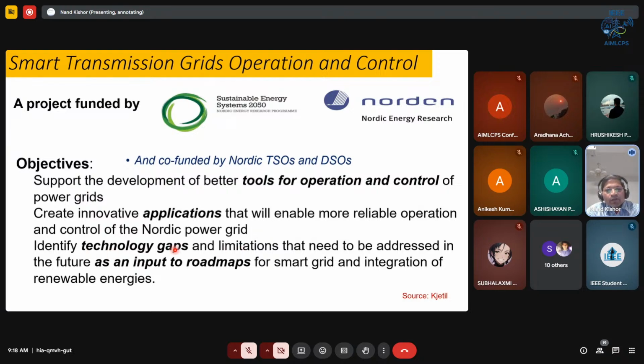It also aimed to identify technological gaps and limitations that could be addressed in the future as a roadmap for smart grid operation, considering renewable integration with the existing grid.